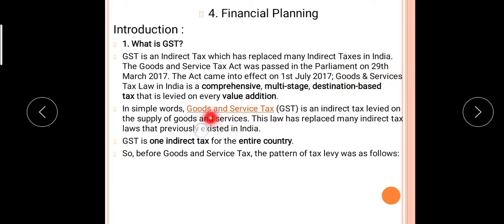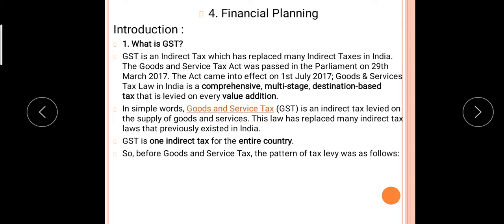Okay, so the goods and services tax law in India is comprehensive, multi-stage, destination based, and is levied on every value addition. In simple words, GST is an indirect tax levied on the supply of goods and services.